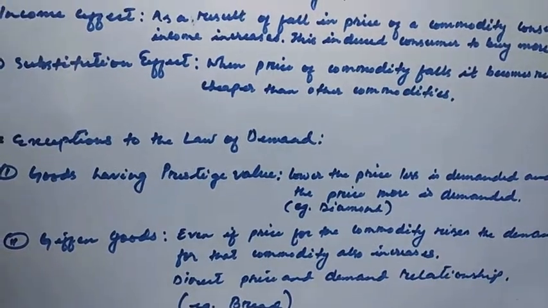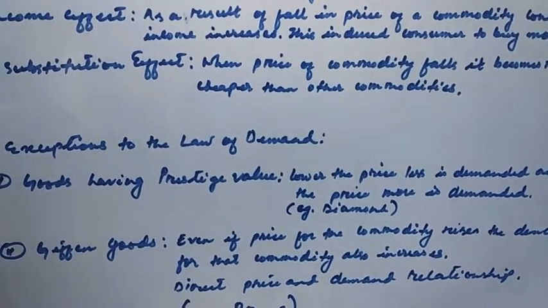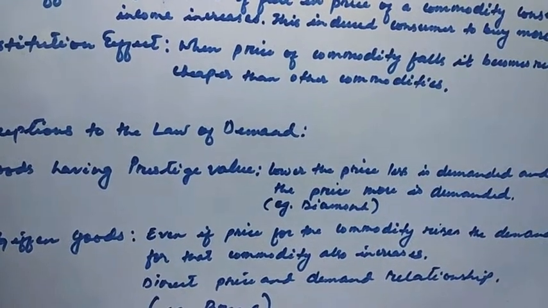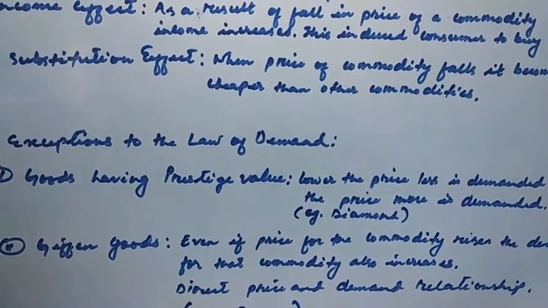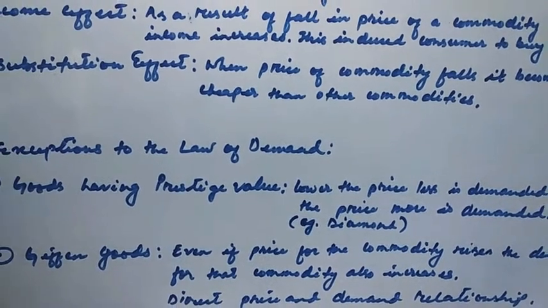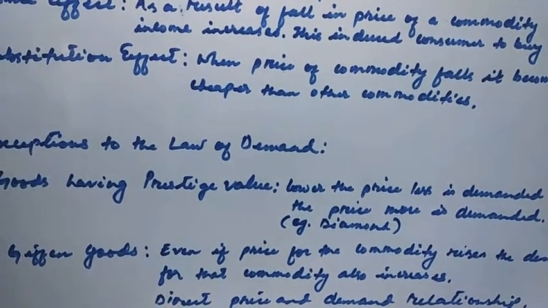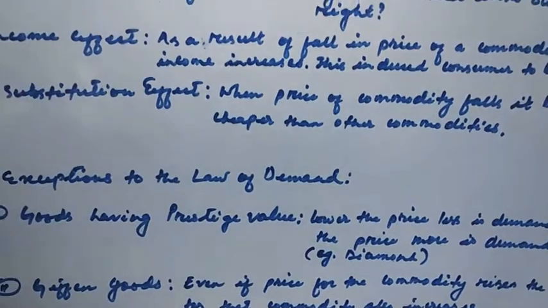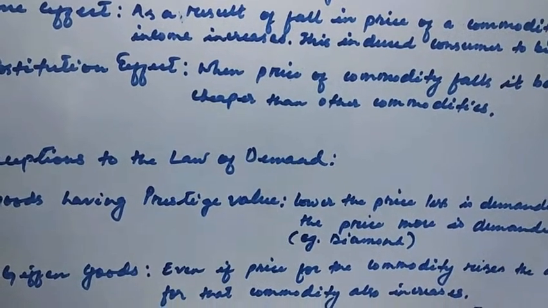Let us say goods having prestige value. In this, we often talk about a diamond. Some economists, like Thorstein Veblen, put forward the view of conspicuous consumption.